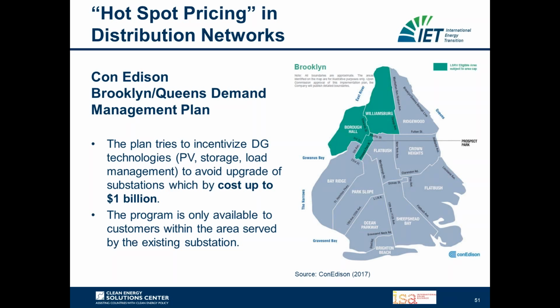The upgrade of the substations alone could have amounted to a total cost of up to $1 billion. So in these areas, you actually had specific incentives for customers to deploy solar PV on their rooftop in order to avoid these costly upgrades of the distribution grid.